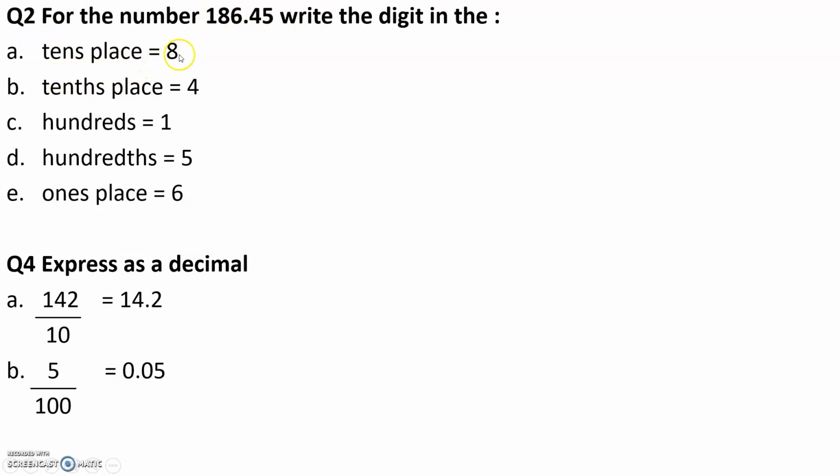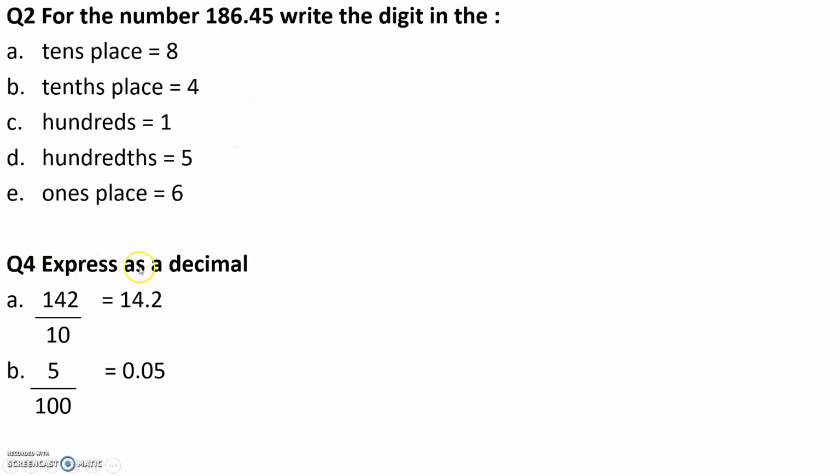So the tens place will be 8. Tenth. Now after the point, I told you ones doesn't come. We directly write it as tenth, hundredth. So this 4 will be a tenth. Hundreds: 1 is our hundreds place. Hundredth: 5 is the hundredth place. Ones: 6 is the ones place.